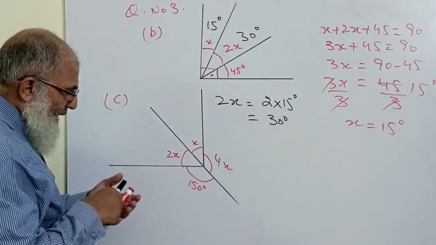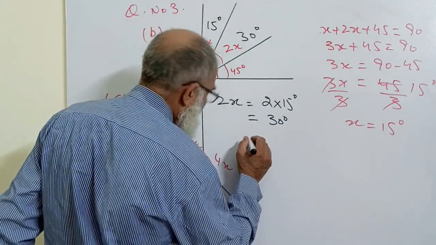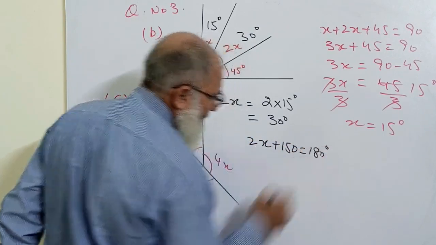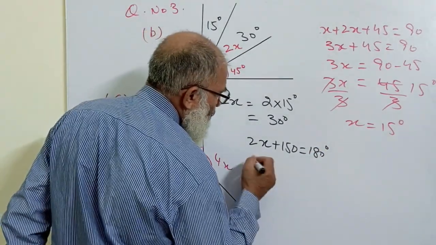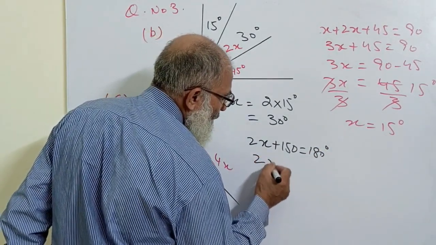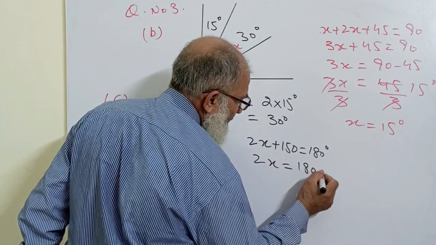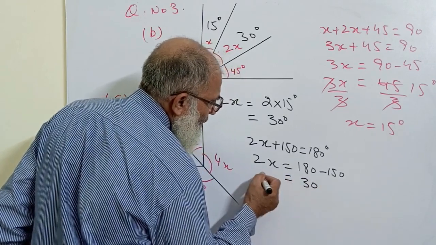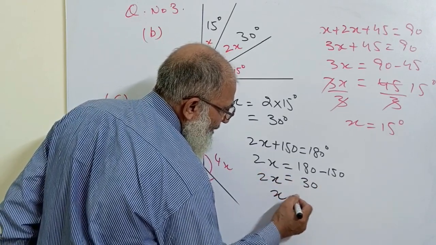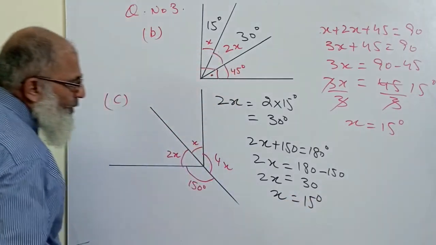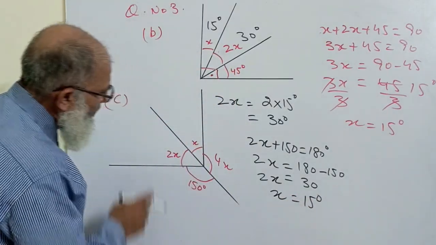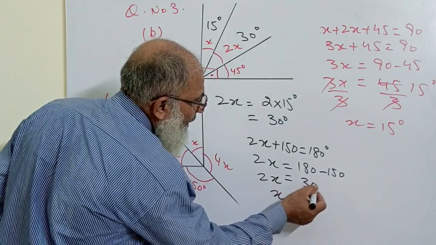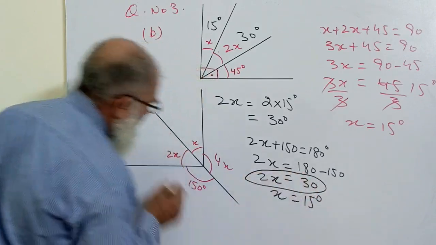So 2x plus 150 is equal to 180. So what will be the answer? 2x is equal to 180 minus 150, so it will become 30. So 2x is equal to 30 and x is equal to 15 degrees. Now we have found angle 2x over here, this one.